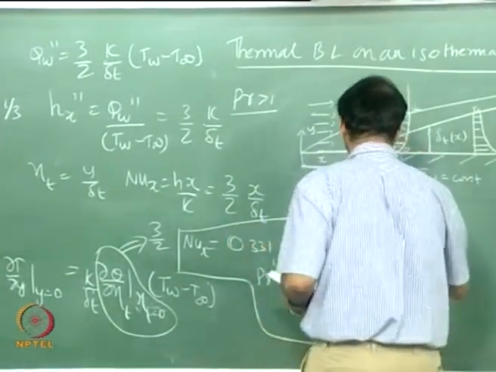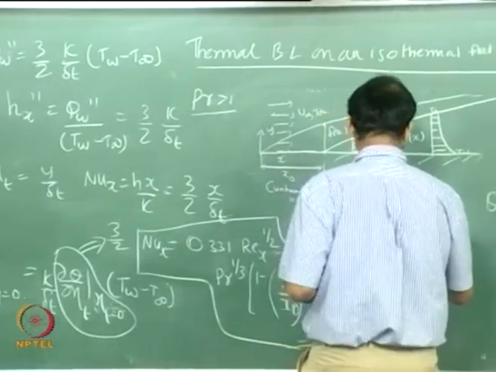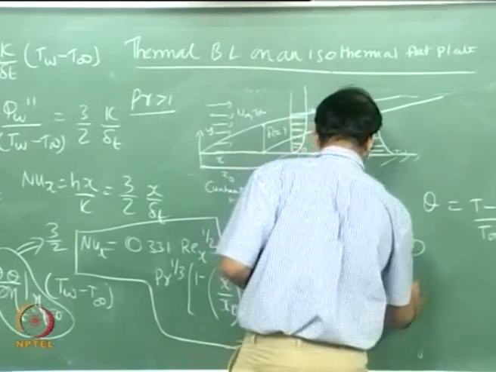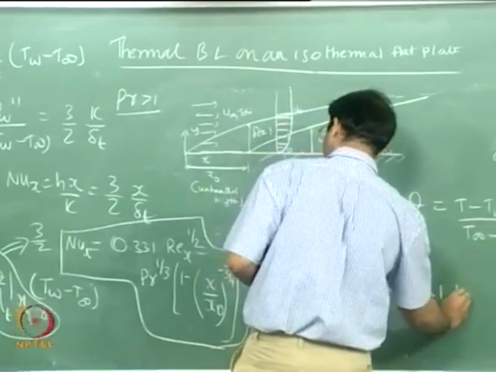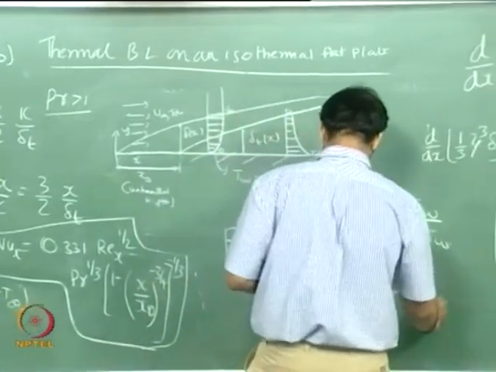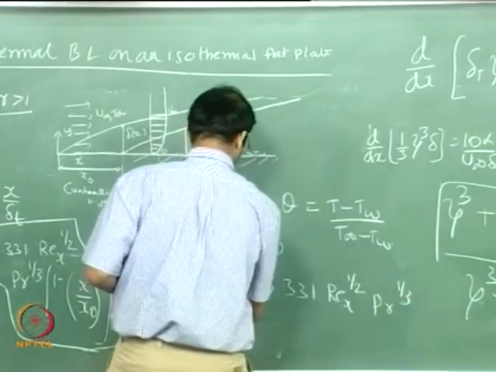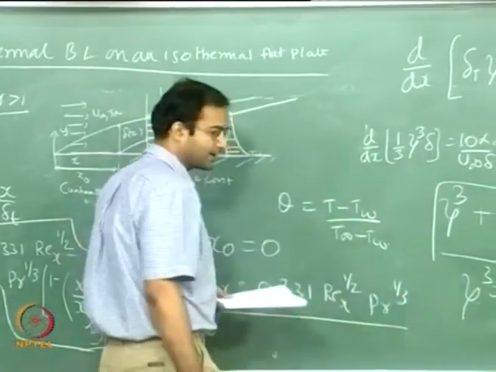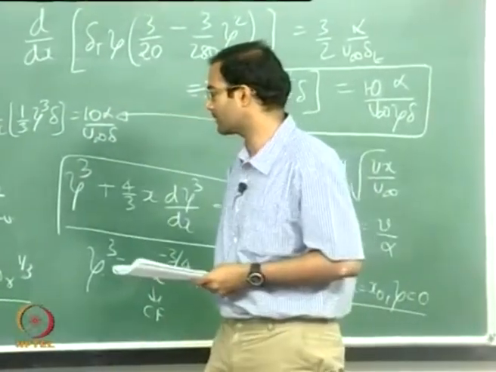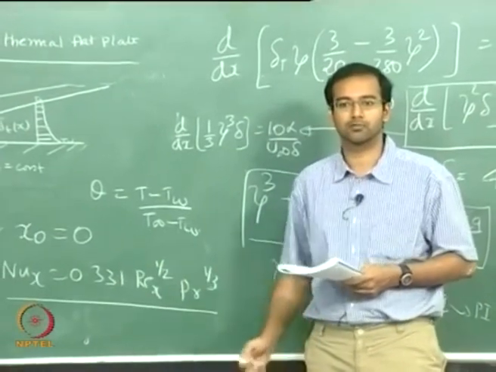For the heated case, right from the beginning, x naught equals 0, so Nux will become 0.331 Rex to the power half and Prandtl number to the power 1 by 3. Now you compare this with the Pohlhausen similarity solution, which was 0.332. So it's very, very close.